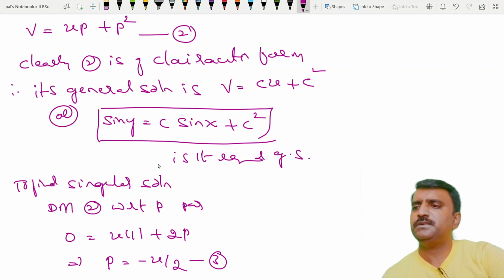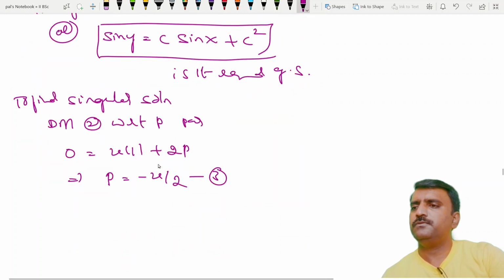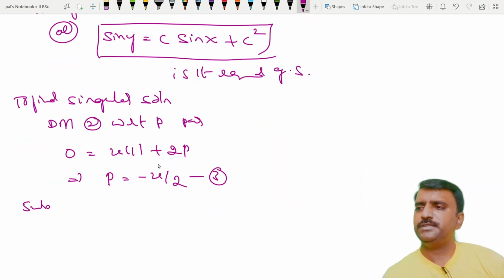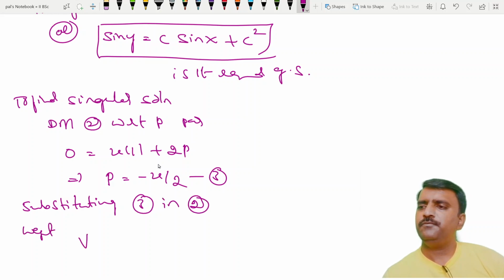Substituting 3 in 2, we get v is equal to pu plus p square, where p is minus u by 2 into u plus minus u by 2 whole square.